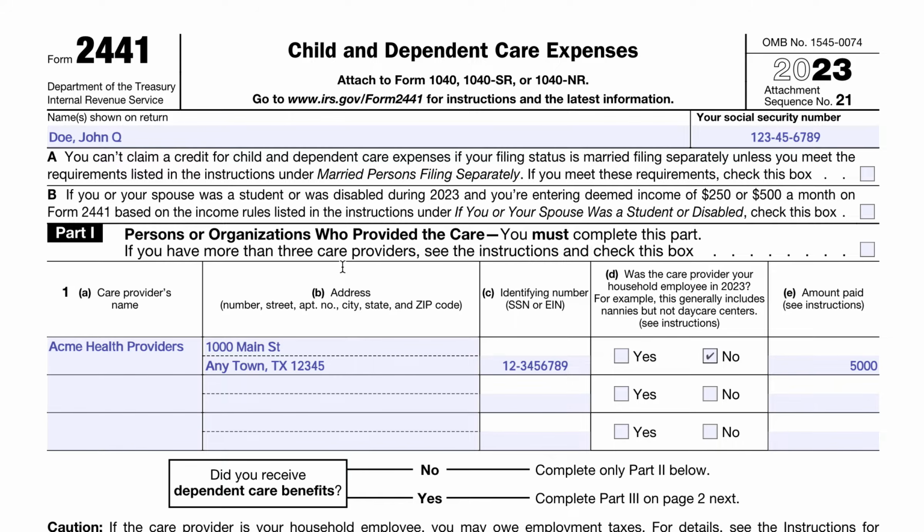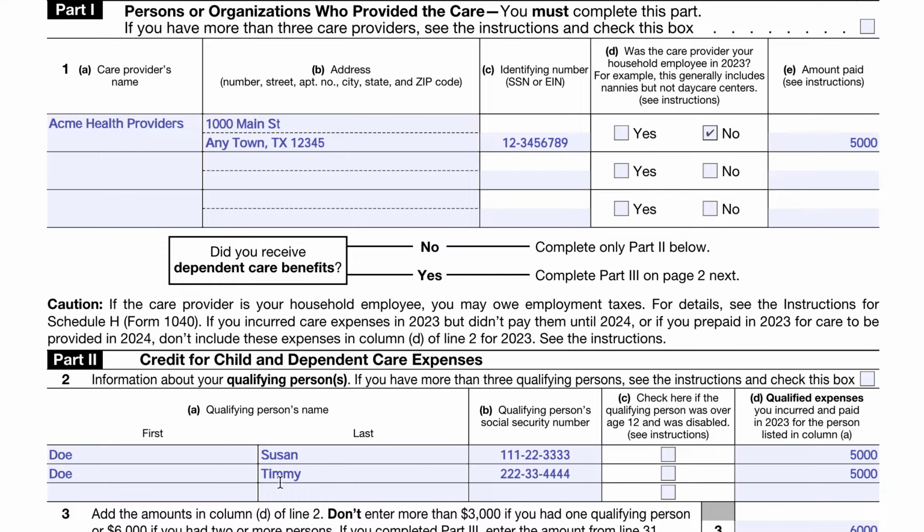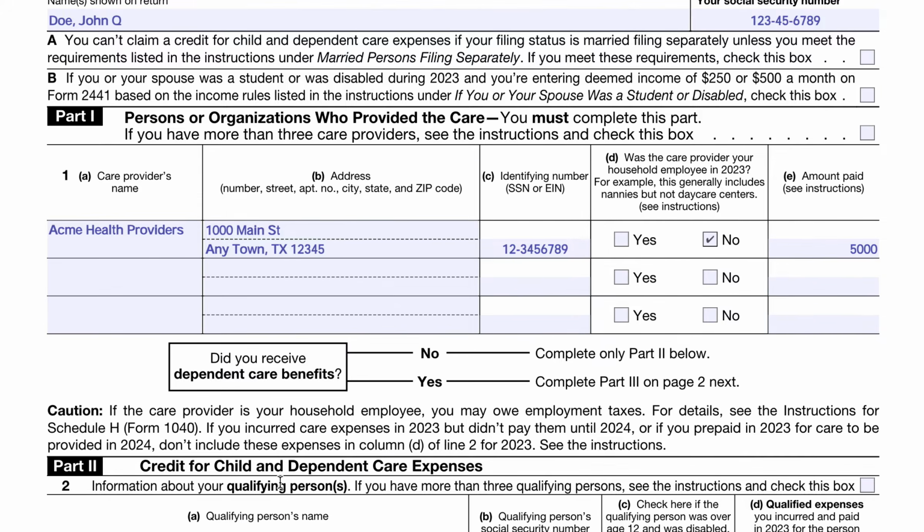Four, the person who provided the care was not either your spouse, a parent of your qualifying child, or a person whom you can claim as a dependent. And then finally, five, you report the required information about the care provider here in line 1, and if you're taking the credit, information about the qualifying person on line 2.